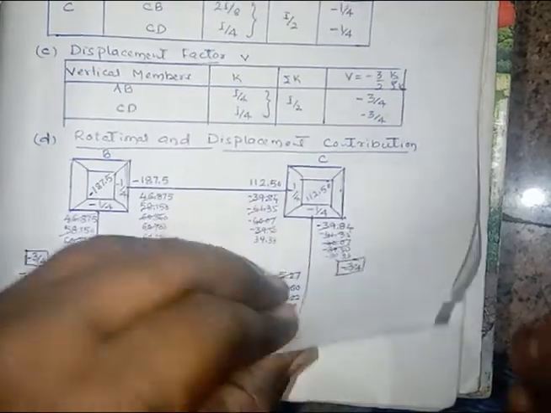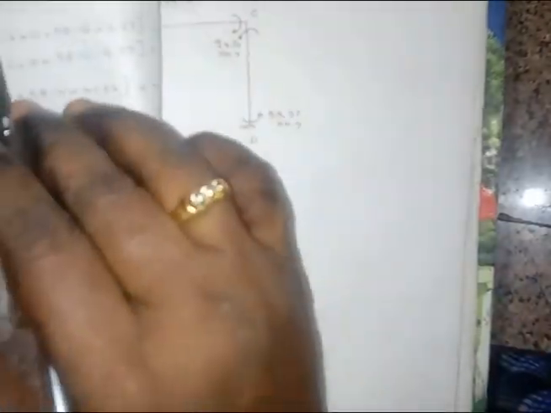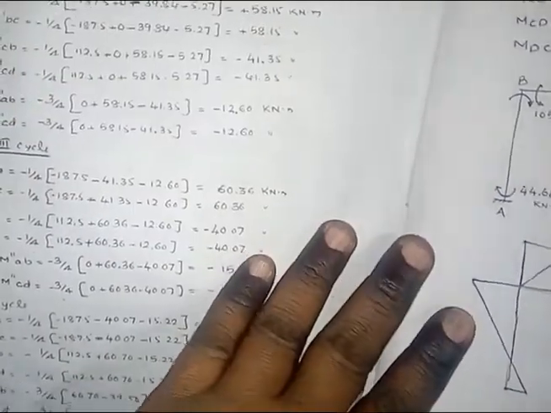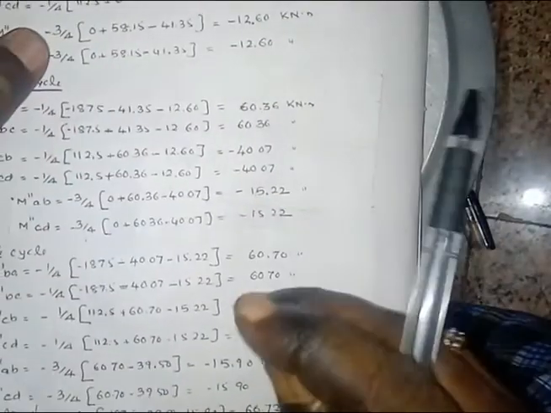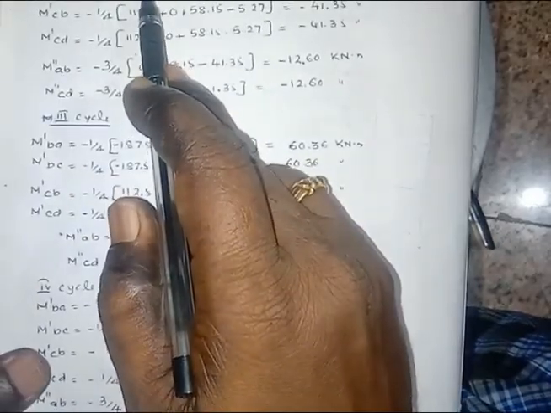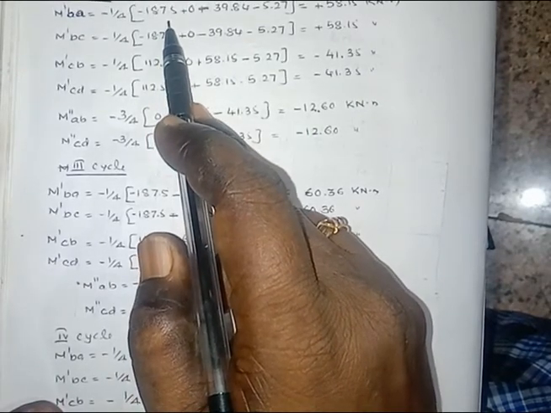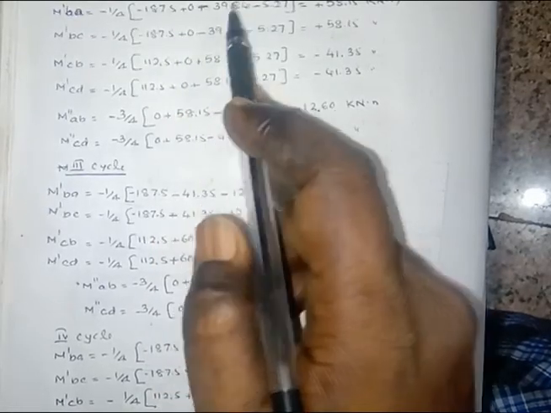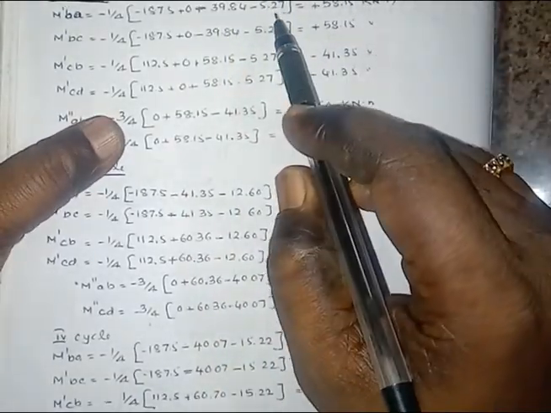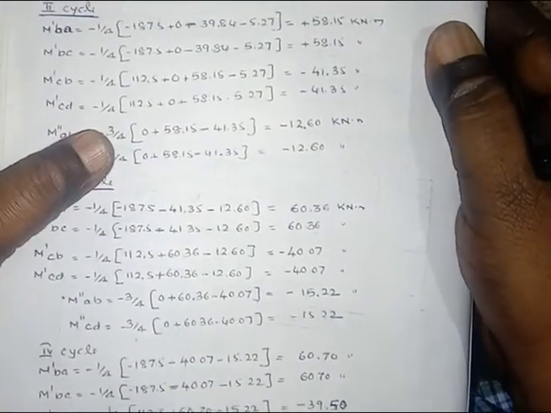Then you will get, the calculations are shown here, M dash BA equals minus 1 by 4 inside the bracket minus 187.5 plus the far end contribution 0, another far end contribution minus 39.84, plus the displacement contribution minus 5.27, that equals 58.15 kilonewton meter.